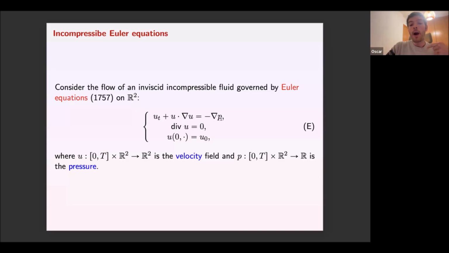So we need to add one more equation to solve the system, namely the second equation given here, the divergence-free assumption on U. From a physical point of view, this means that the fluid is incompressible. That is, if the fluid is expanded in the x direction, then it should be compressed in the y direction to compensate. And we also have the initial condition. So the fluid at the initial time 0 has the prescribed value U0, a function defined on R2, taking values in R2.